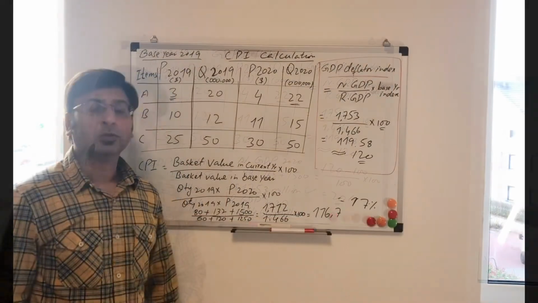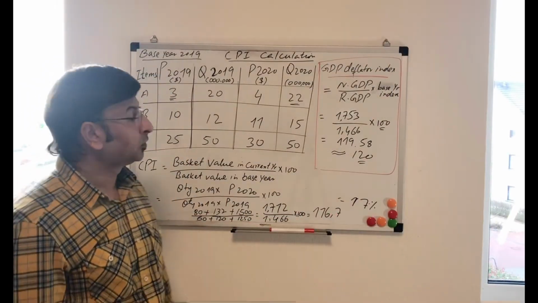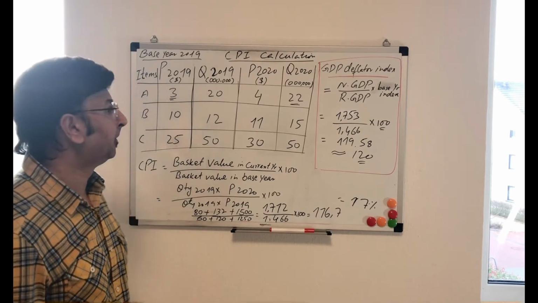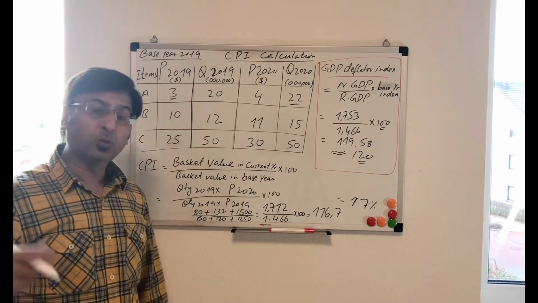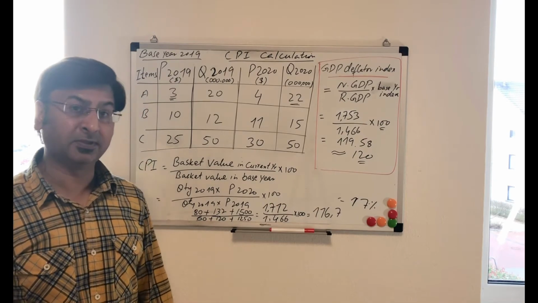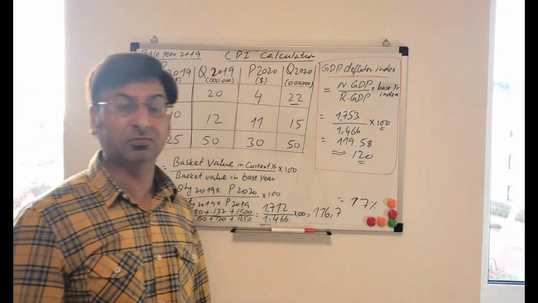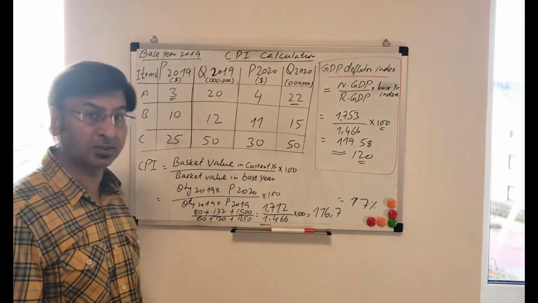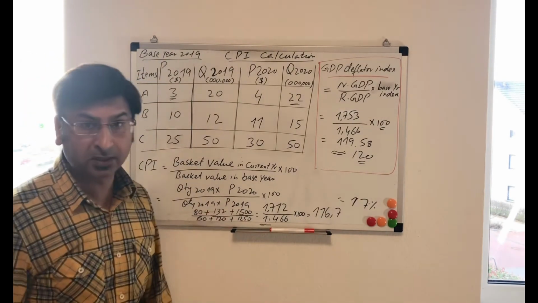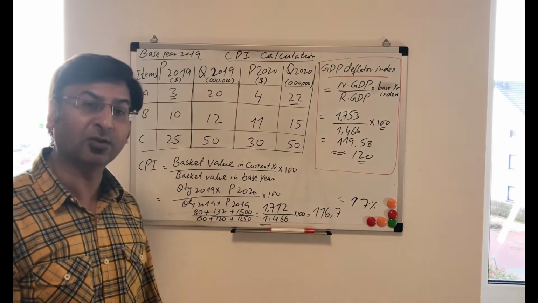Stay with me. So here is how we calculate inflation through the CPI method. In the real world, in the calculation of the CPI basket, we take around 600, 700, 800 goods and services, which is impossible for me, and I do not have the information of all goods and services.